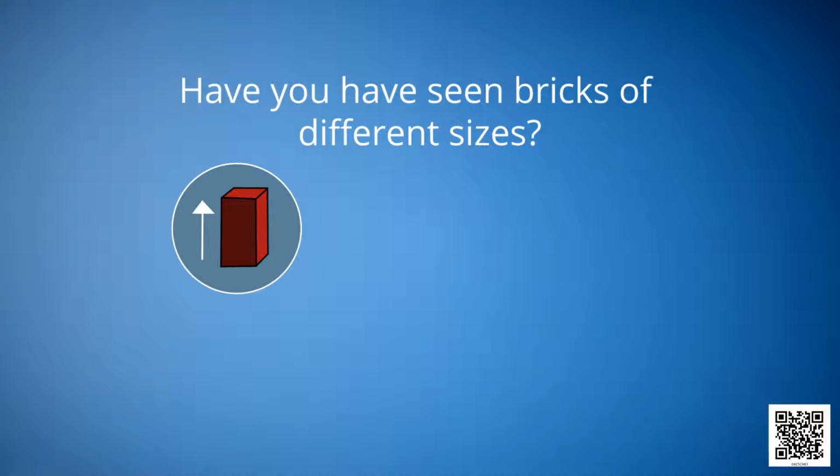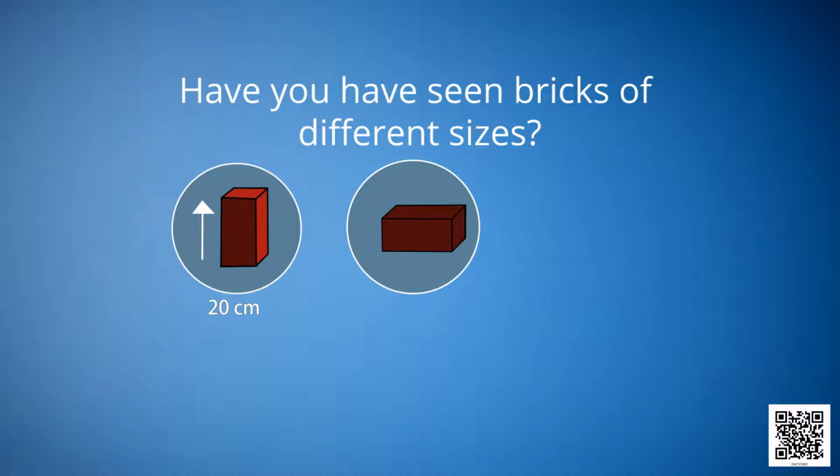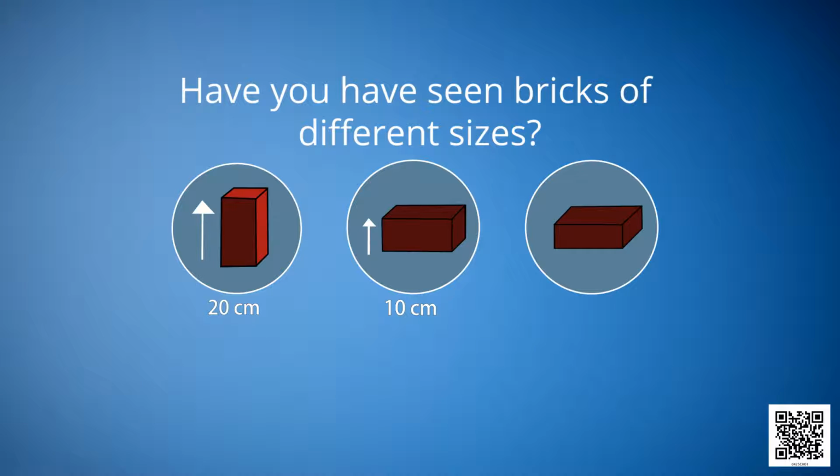Measure and tell. Let's suppose its length is 20 centimeters. Now, measure its width. It will be nearly about 10 centimeters. Measure its height. It will be also around 10 centimeters.